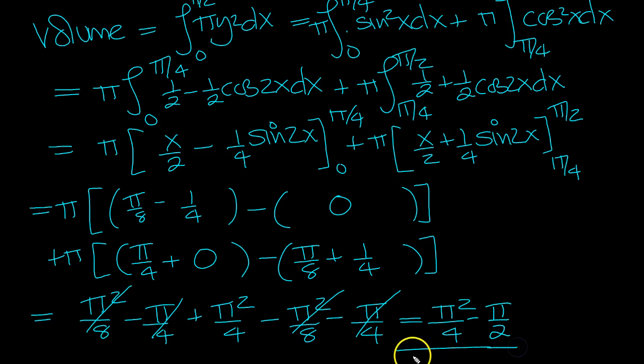So that's the final answer then. It's very easy not to run the minus through the two terms. When we do, we get minus pi over 4 minus pi over 4 is also minus pi over 2. And we've got a pi squared over 8, pi squared over 8 plus a pi squared over 4 here, that's it. It's just that single term, isn't it?